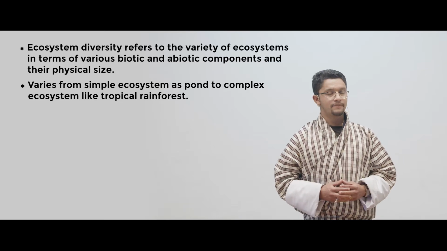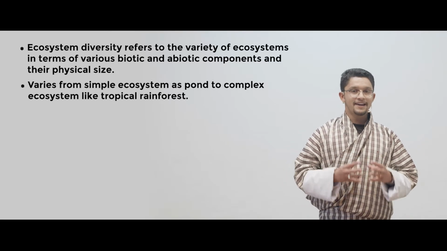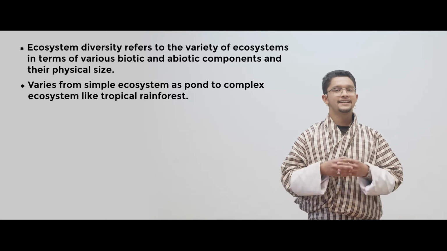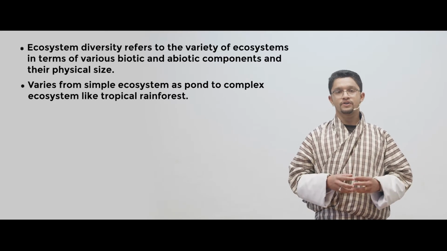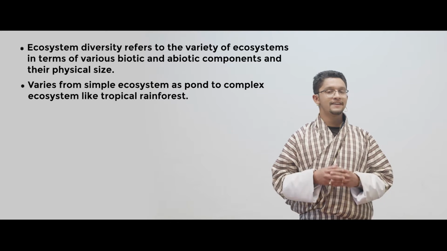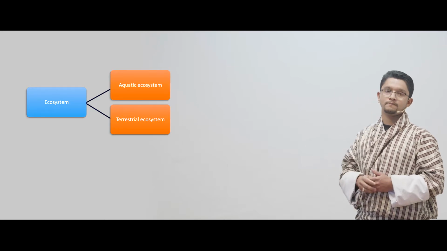So when we talk about ecosystem diversity, the diversity exists because of the variation in the biotic and abiotic components of the ecosystem. Further, to classify, ecosystems can be of terrestrial type and aquatic type.